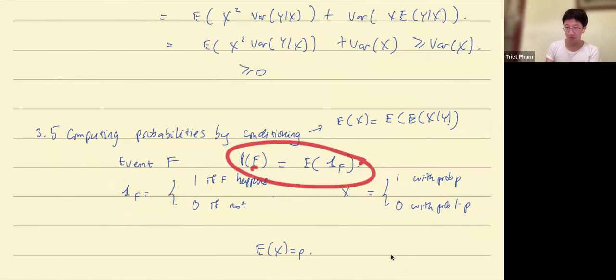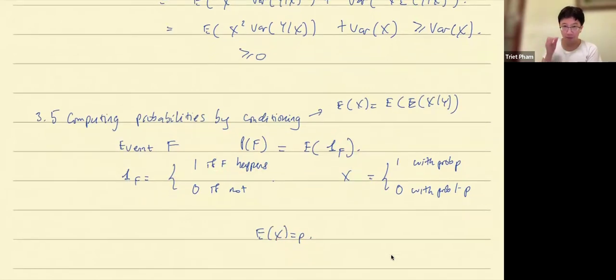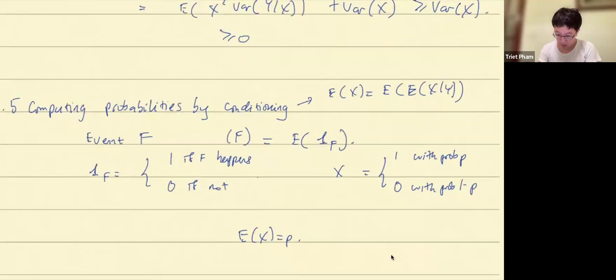Therefore, probability of F is the expectation. First of all, it's a very simple recognition that this is the case. On the other hand, it's super useful in many contexts. As far as we're concerned, whatever statement we can make about expectation, we can make about probability. Like so.